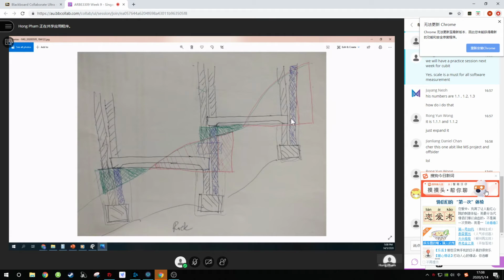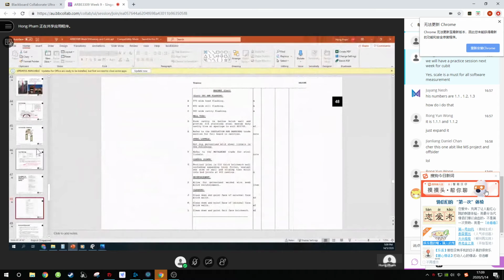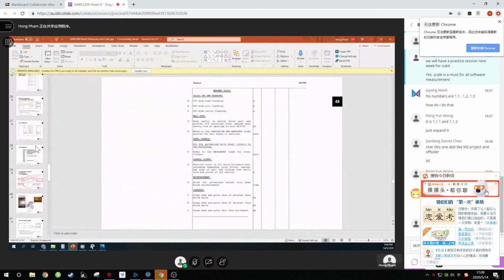For assignment 2, I know that there are walls here. This is a retaining wall, and this is a retaining wall. On the other side, there will be a brick wall. If it's not a retaining wall, it will be just a brick wall.